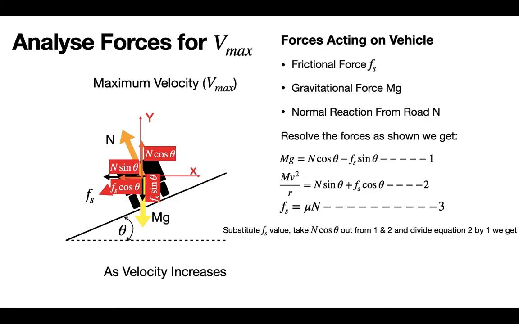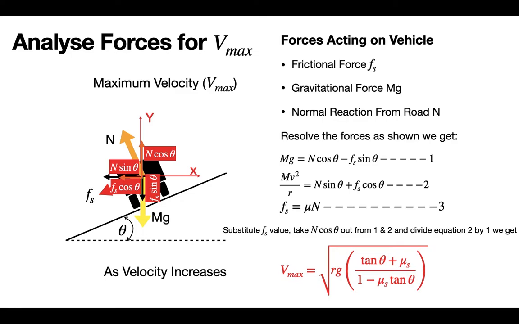If we substitute the value of Fs, take N cos theta out from equations 1 and 2 and divide equation 2 by 1, we get the maximum velocity along the banked road at angle theta with a circular track of radius r.